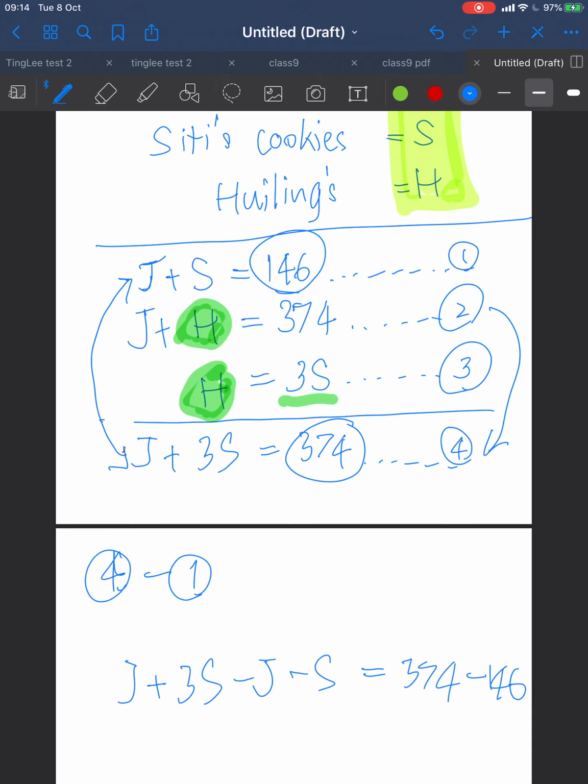So what does it yield? J and j removed. 3s minus s becomes 2s. And this part, 374 minus 146, you may need a calculator. 228. Is it right? Okay, 228.